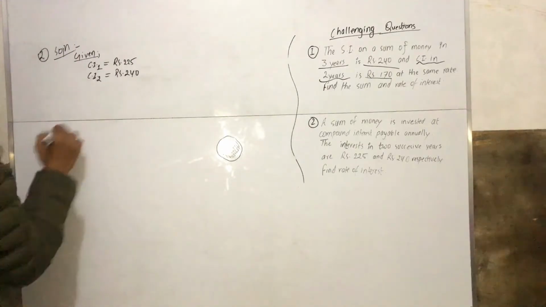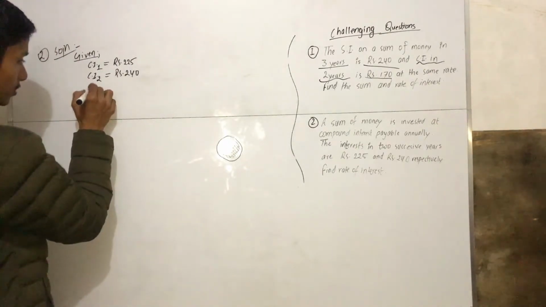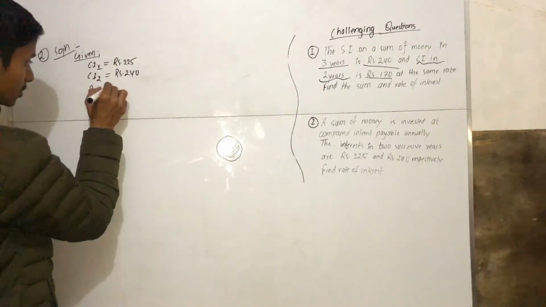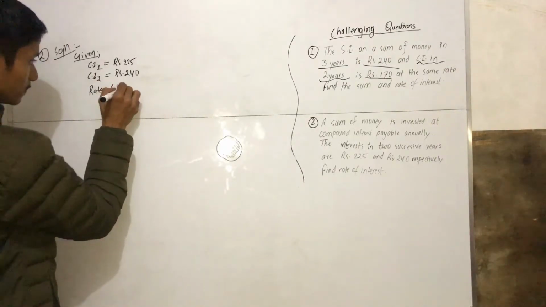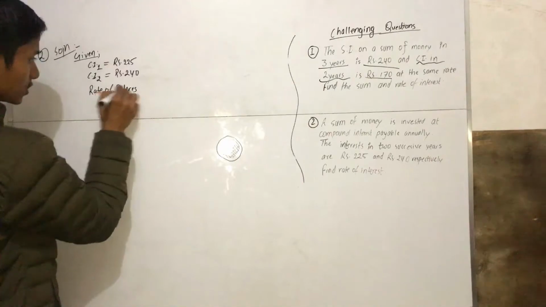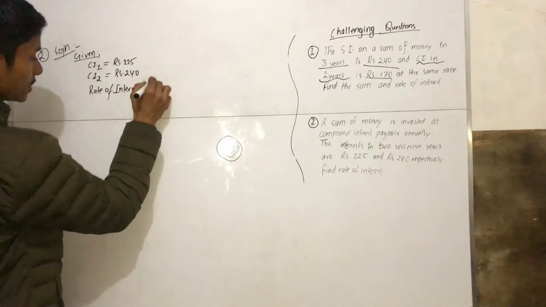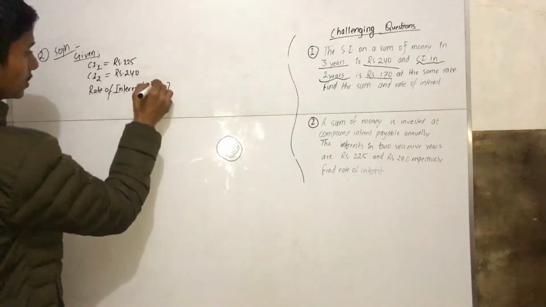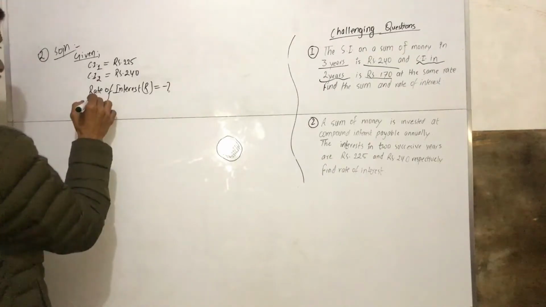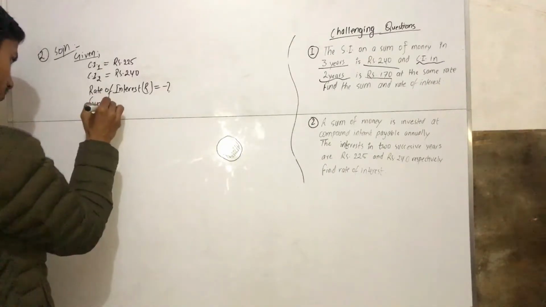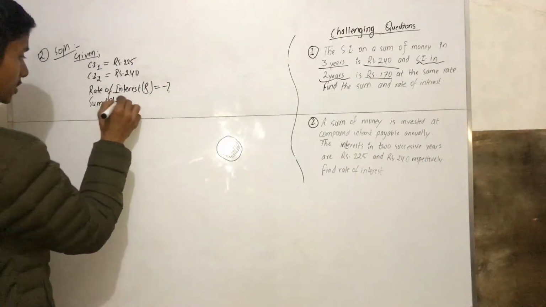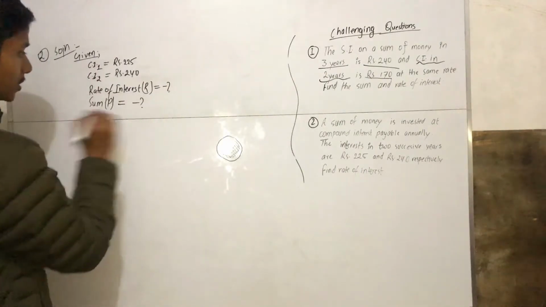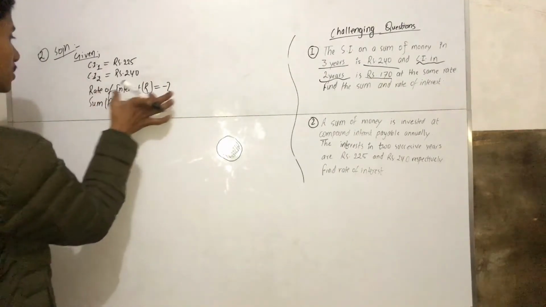Then we have to find rate of interest, that is R is equal to what, and sum is also not given. Sum, that is P is equal to what, we have to only find rate.